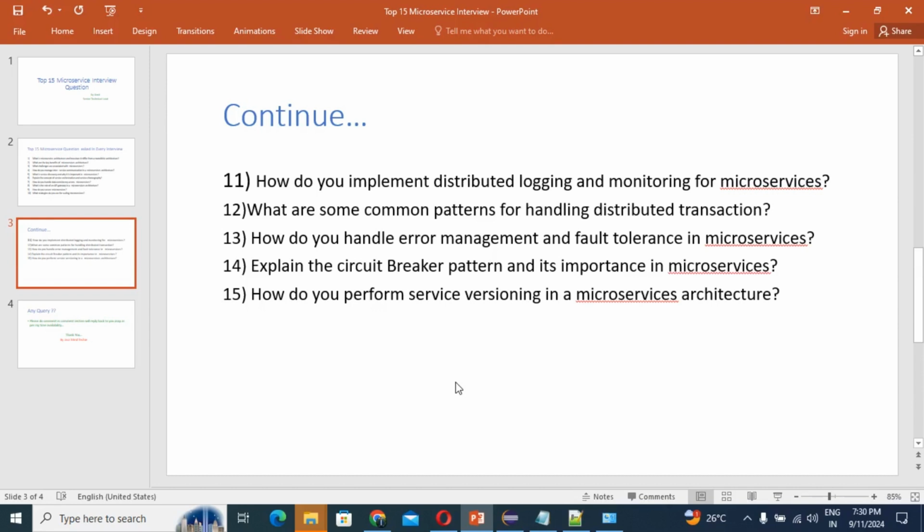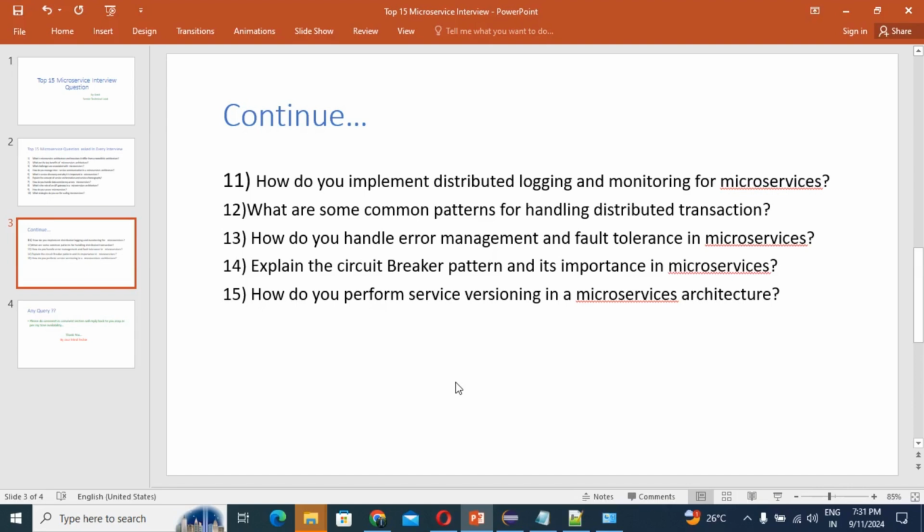The next way is two-phase commit. Use a commit protocol to ensure all participating services agree on a transaction outcome. It can be complex and impact performance. That is also one way to handle distributed transactions. The last way is eventual consistency.